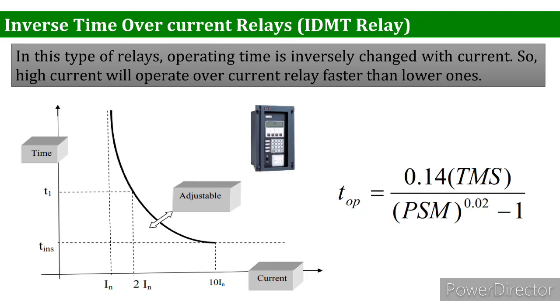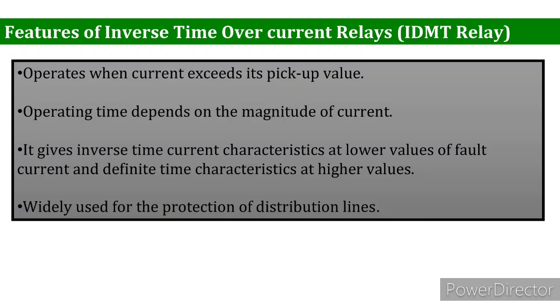If we talk about some major features of this IDMT relay: it operates when the current exceeds its pickup value, and the operating time depends on the magnitude of the current. Most importantly, it gives an inverse time characteristic at lower values of the fault current and a definite time characteristic at higher values.